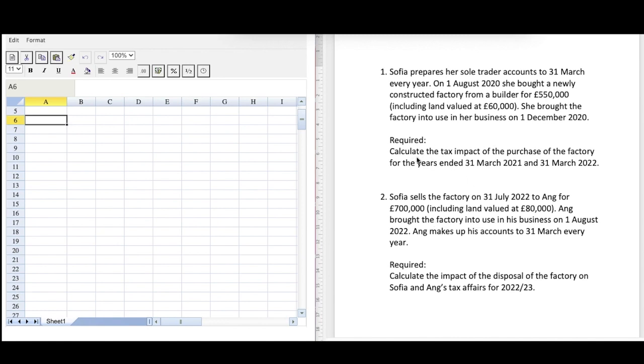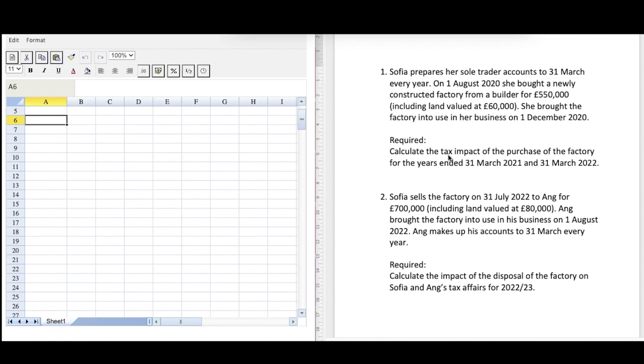So looking at this, we are dealing with capital allowances, so it's going to be part of our calculation to get to the profit figure for this individual. We need to get to the right capital allowances figure. We may have also been doing some plant and machinery calculations.